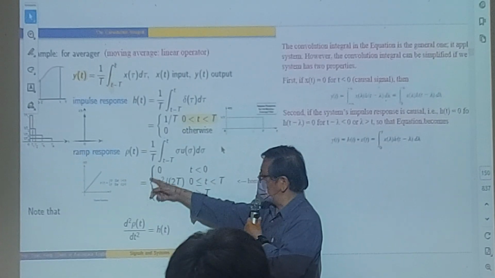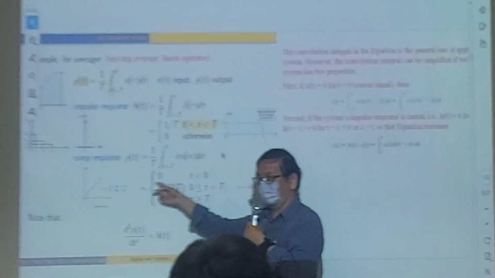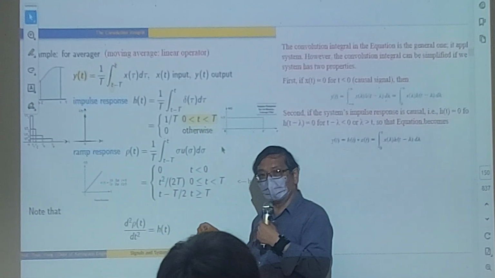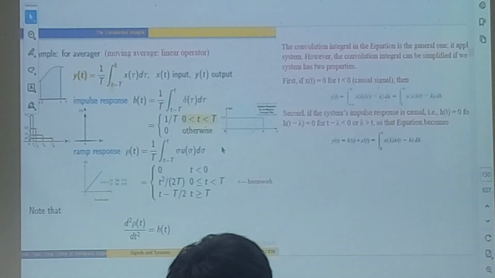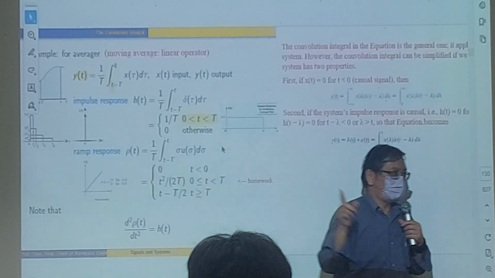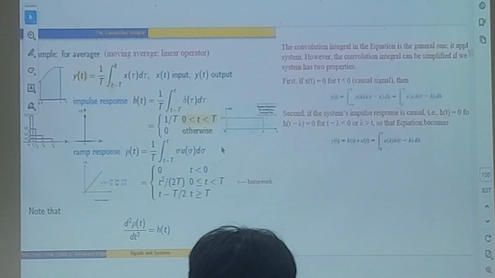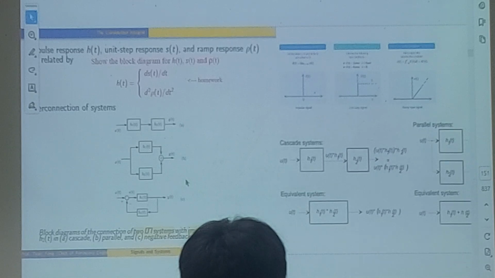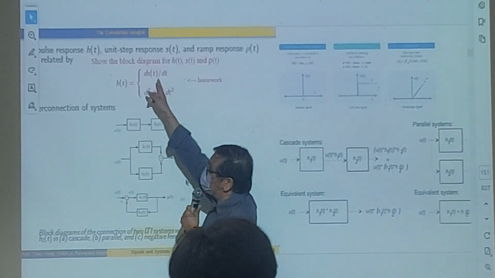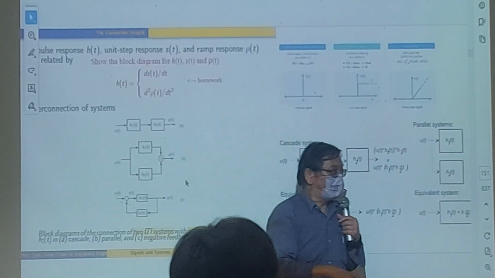I need you to derive the ramp response, rho of t. Even though there is a solution over here, I need you to derive this by yourself. Use the concept that I showed you here. And also I need you to do the step response as well. So you have to do two functions.